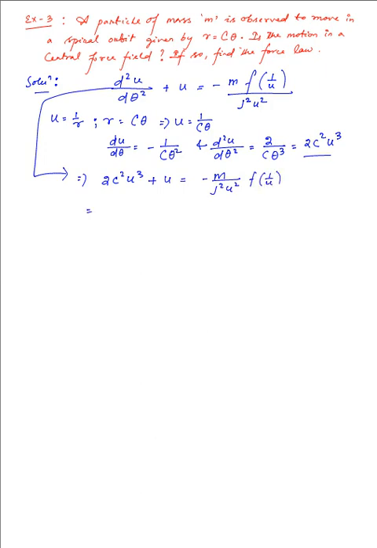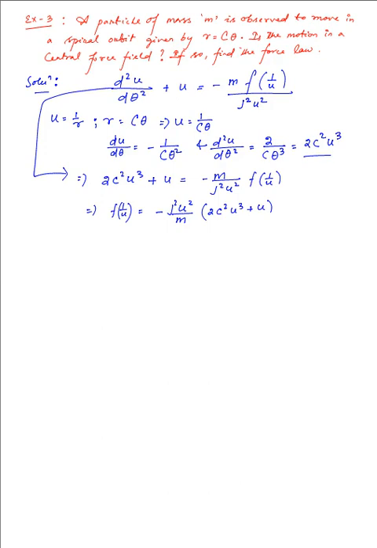So that finally gives me the expression for f of 1 over u to be equal to, now that term that is there, that cross multiplies to the other side, so we have minus j squared u squared over m, and this completely in brackets, 2c squared u cubed plus u. Now that u squared can go in, and what we'll have is u to the power 5 in the first term.